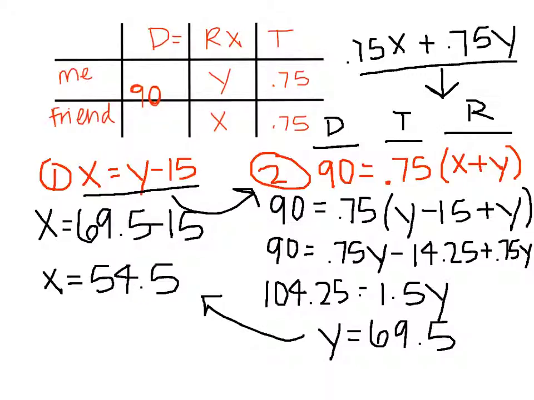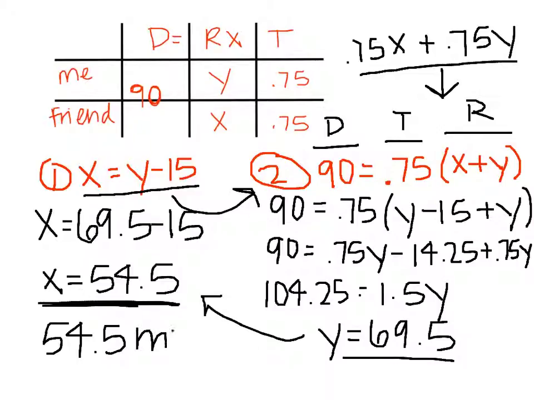So then we're going to go back, and our variables were x is my friend's rate and y is my rate, and the question was to find my friend's rate, so we're just going to take x and say the answer is 52.5 miles per hour. And that's the answer to our distance problem.